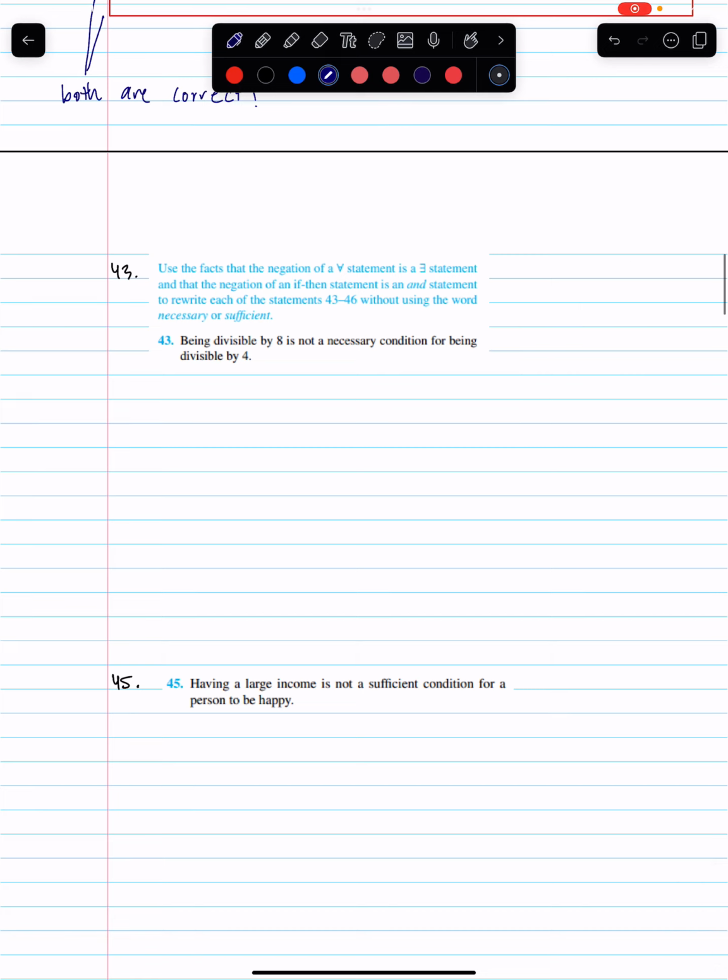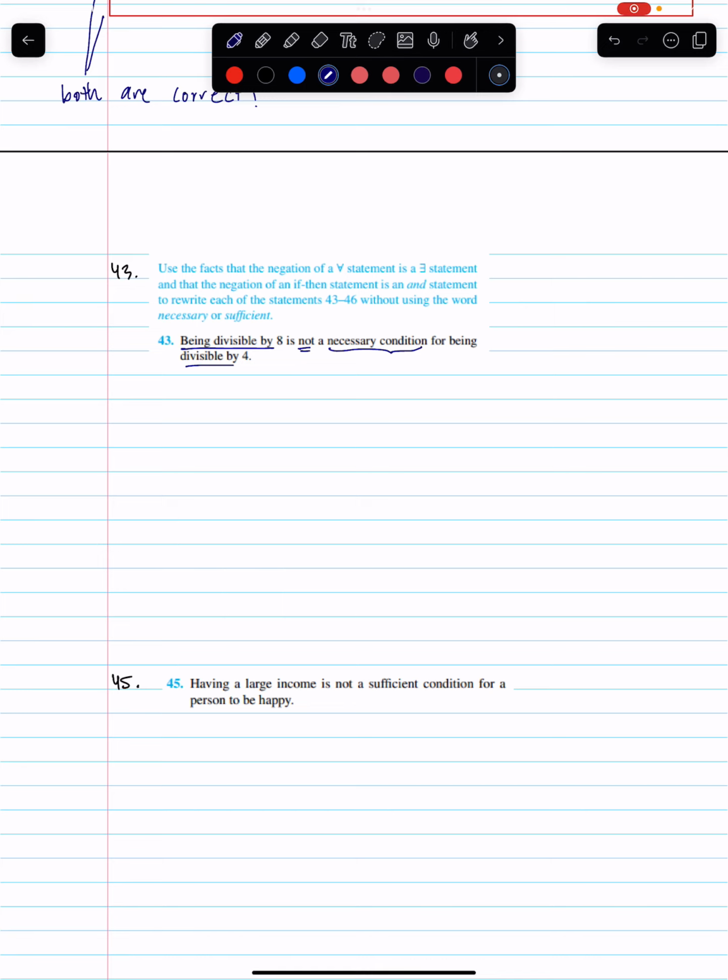Alright, so use the facts that the negation of an and of a for every statement is a there exists statement, and the negation of an if then statement is an and statement. Rewrite the statements 43 to 46 without using the word necessary or sufficient. Okay. So being divisible by 8 is not a necessary condition for being divisible by 4.